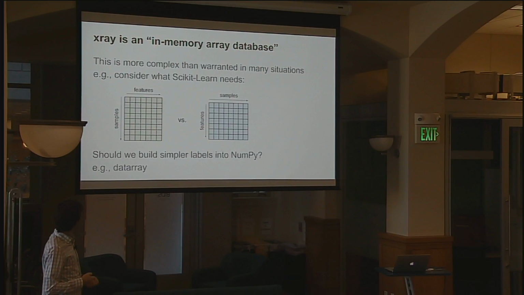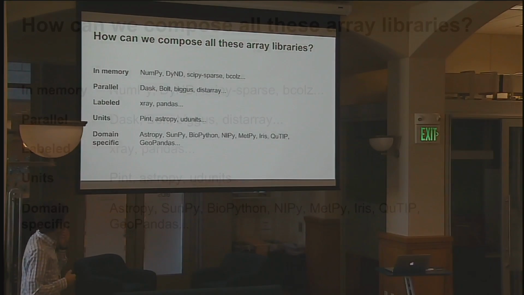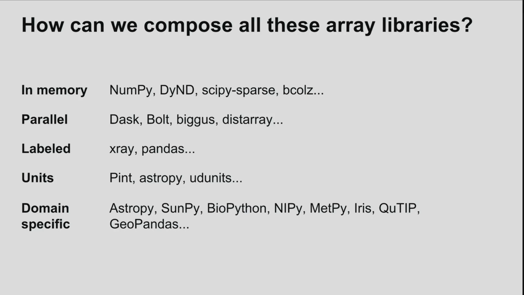And I guess I'm going to end here, without going into too many details. There are a lot of really cool tools for working with arrays, and I told you today about a couple of them that I've worked on, Xray and Dask, which build upon tools like NumPy.